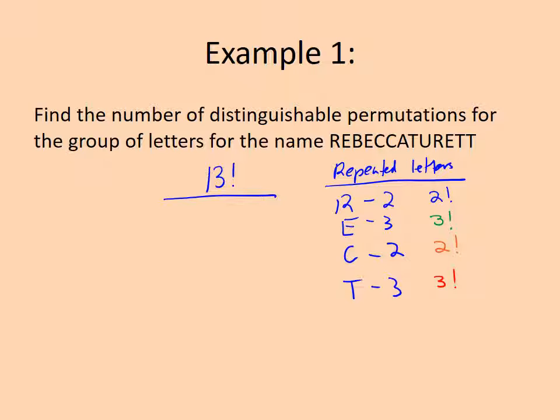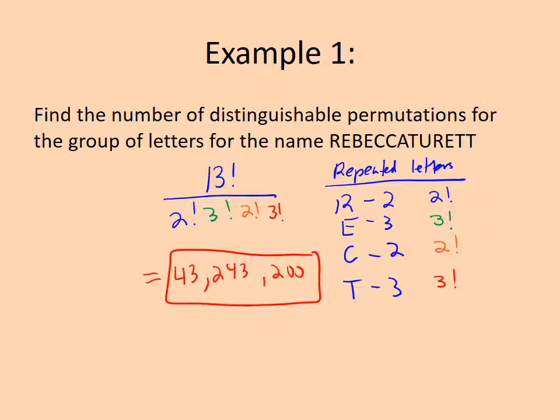So we're going to divide 13 factorial by 2 factorial, 3 factorial, 2 factorial, and 3 factorial. In simplifying this, using your calculator, you end up with 43,243,200. That's all the different possibilities and the way to arrange the name Rebecca Tourette.